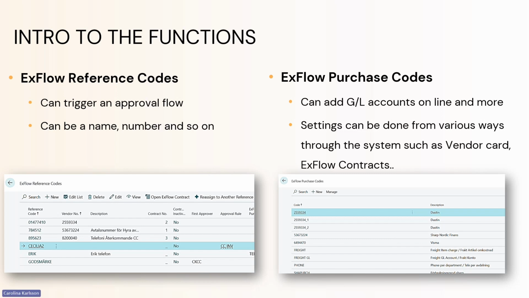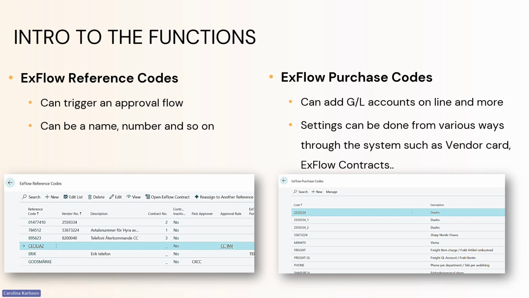You can also automate your work with this. So if you, for example, have a vendor that you always add the same coding to the lines, if you use a code like these purchase codes instead, then you don't have to do the same work over and over again.